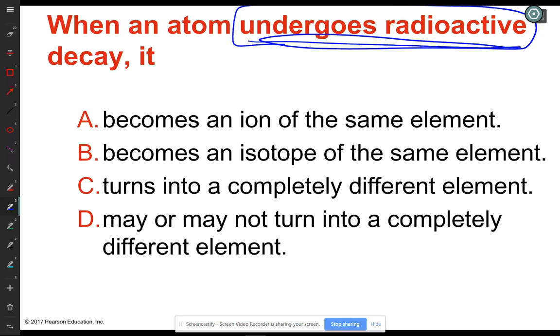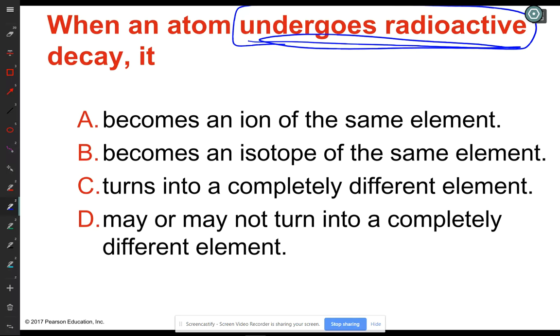That energy could come in the form of something leaving the nucleus that has mass. If something leaves the nucleus that has mass, it could become a different element completely.